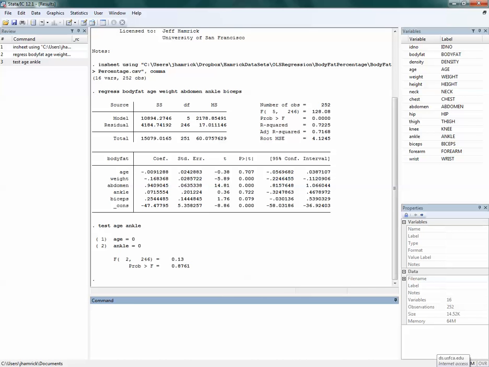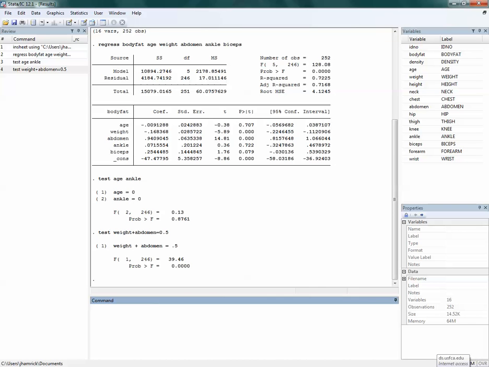For example, I can test whether or not the sum of the coefficients for weight and abdomen is statistically distinguishable from 0.5. Now when I add these coefficients right here, I see that it's definitely above 0.5, but maybe in the sense of this restriction, the sum of those two coefficients is not statistically distinguishable from 0.5.